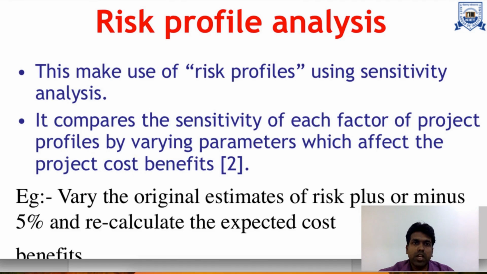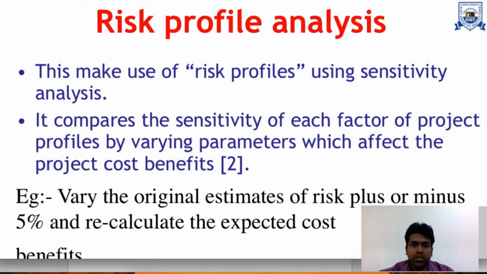Coming to the risk profile analysis, in case of risk, we basically do the profile analysis. So this makes use of a risk profile using sensitivity analysis. In this case, we basically compare the sensitivity of each factor of the project profile by varying parameters which affect the project cost and benefit.